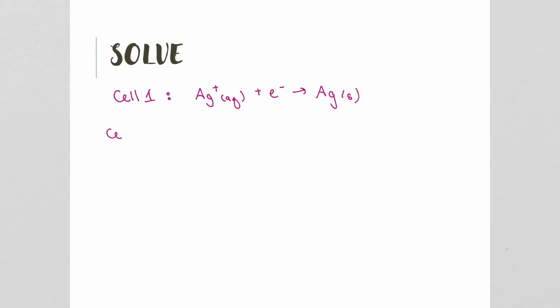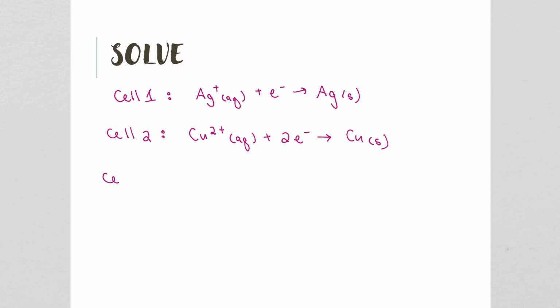Cell number 2, we have copper 2+ ions taking on 2 electrons to make copper solid.